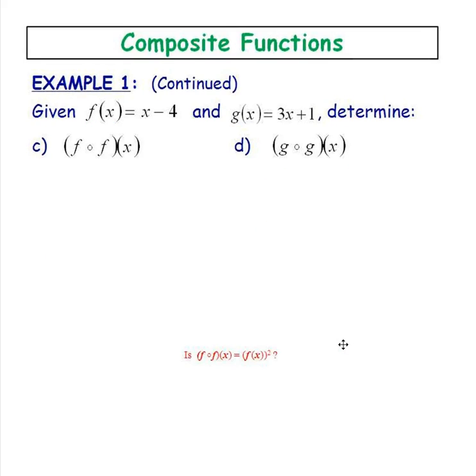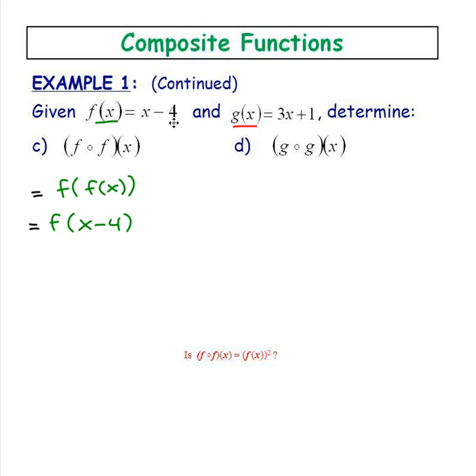Let's find C and D, which is f∘f and g∘g. You're just substituting f of x into itself. It's going to look like this. We're substituting green into green. Within your f of x, you're going to have x minus 4 as your domain.